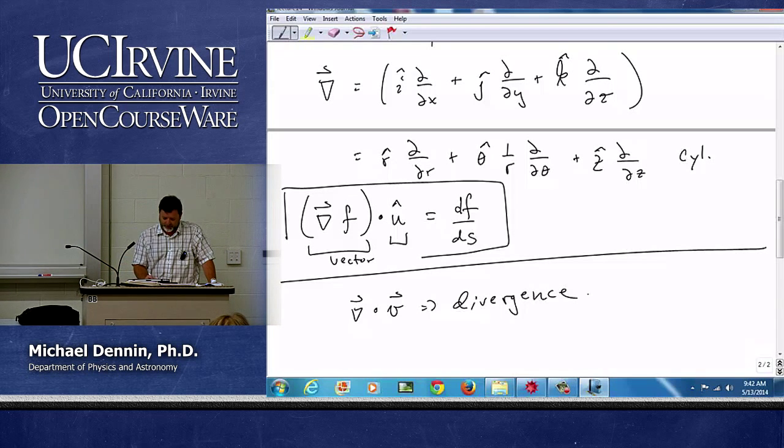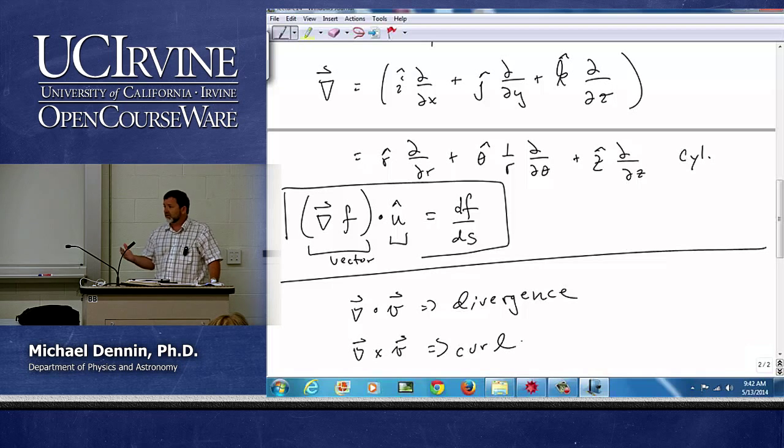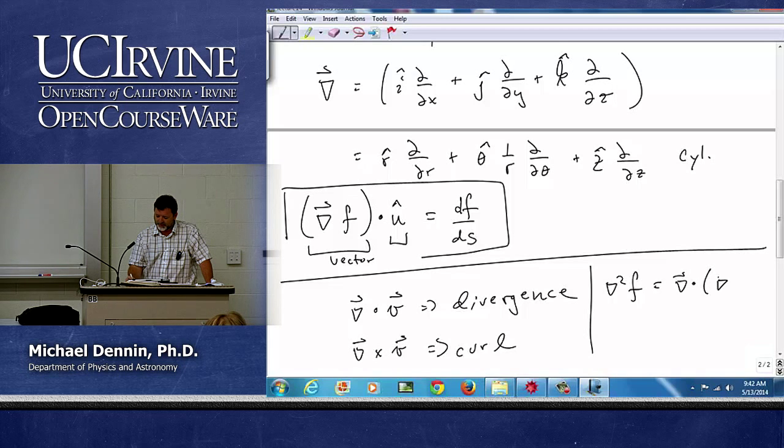We can create the curl, which is a vector, because it's a cross product. We can create more complicated things. We can create del squared f, the Laplacian, and that is del dot grad of f. So notice, because it's a dot product, this is a scalar.